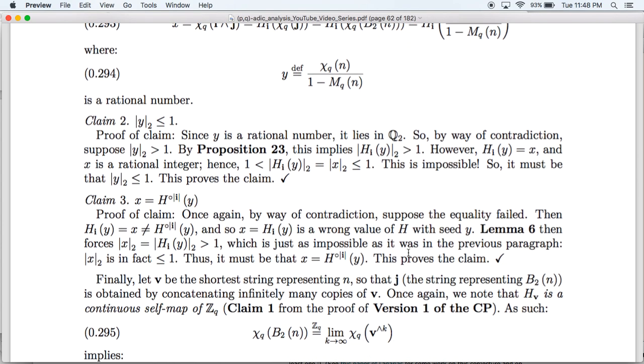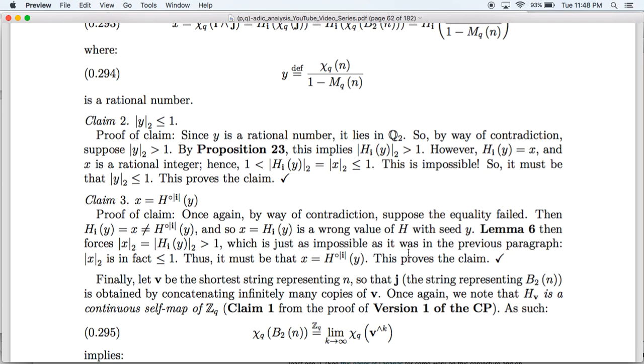Claim 3. X is equal to what we get when we apply h to y length I times. Once again, by way of contradiction, suppose the equality failed. Then h_I of y is equal to x, but x is not equal to h applied to y length I times. This makes x into a wrong value of h with seed y.